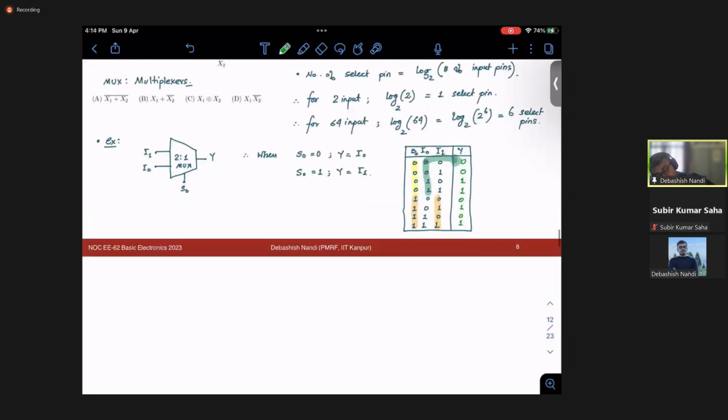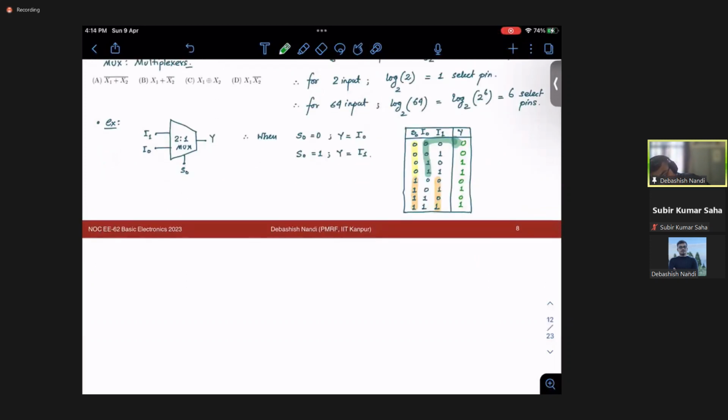So now if you make a Karnaugh map out of it, you have something like this. This is S0, this is I0, I1, 0, 0, 0, 1, 1, 0, 1, 1. This is 0, 1, right?